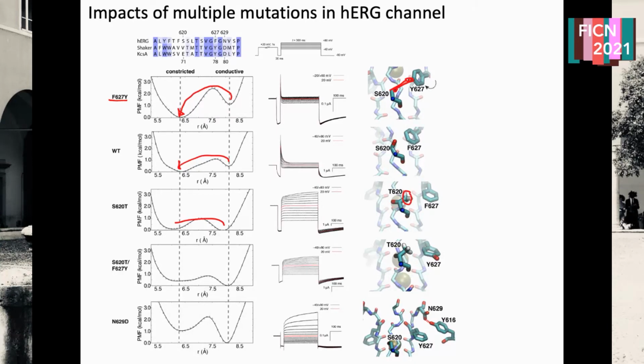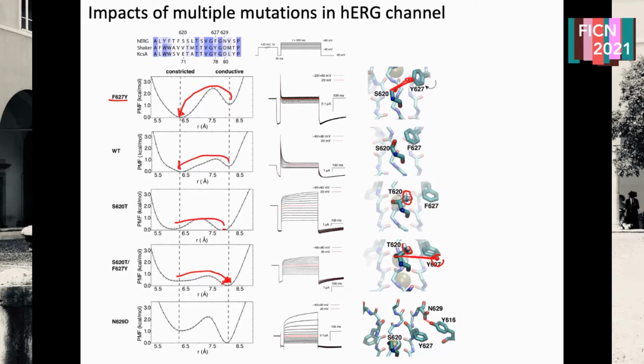It pushes the phenylalanine out of the way, and you're more conductive. Interestingly, if you have the tyrosine but also a threonine, you cannot form the hydrogen bond anymore, because now the methyl group is in the way. This result was not published before. This was a prediction of the computation that was then verified experimentally.